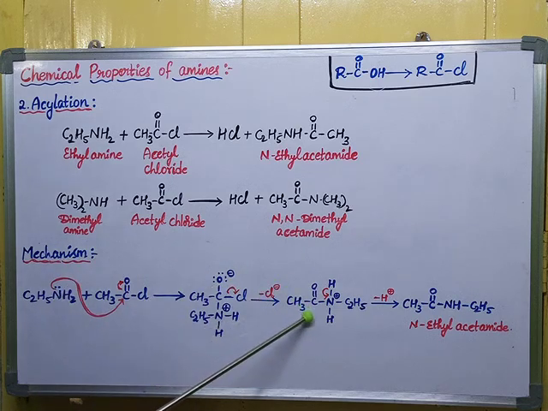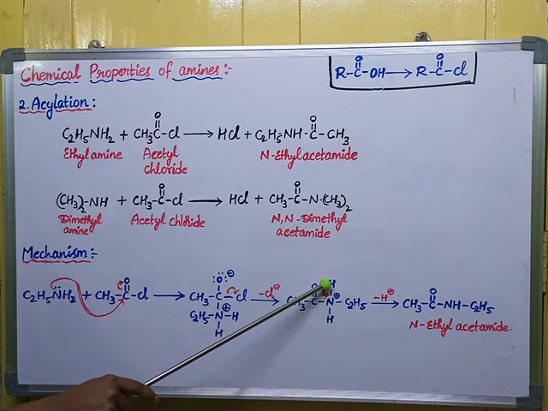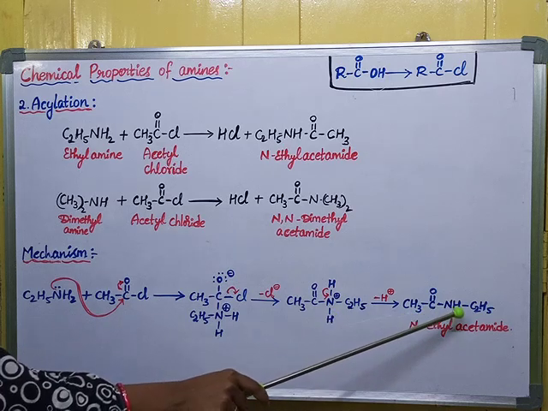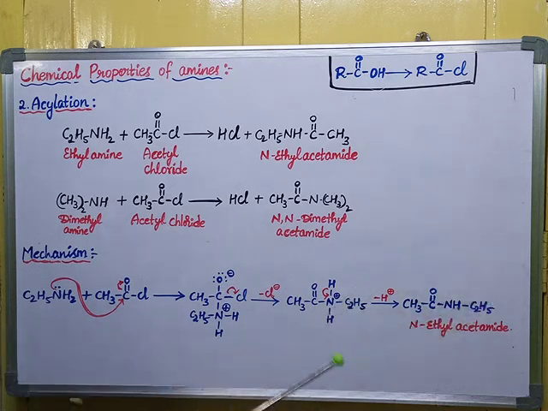Again I need to satisfy the positive charge of the nitrogen, so I shift the bond electrons of hydrogen towards the nitrogen. Hydrogen comes out as H plus, and we have an NH bond here: CH3CO, NH and C2H5. The positive charge of nitrogen is nullified. So you can clearly see the formation of N-ethyl acetamide.